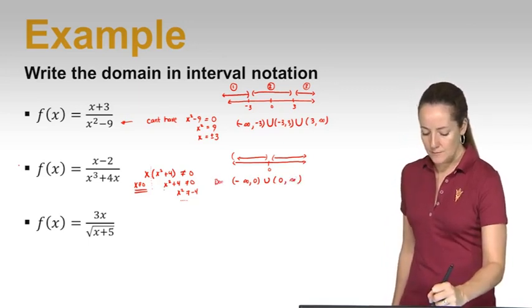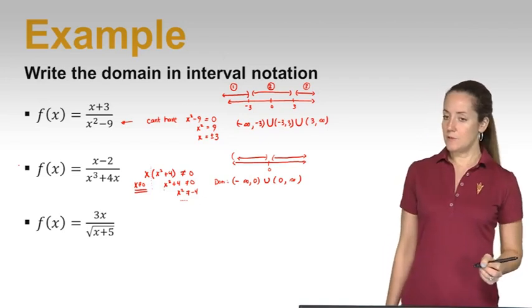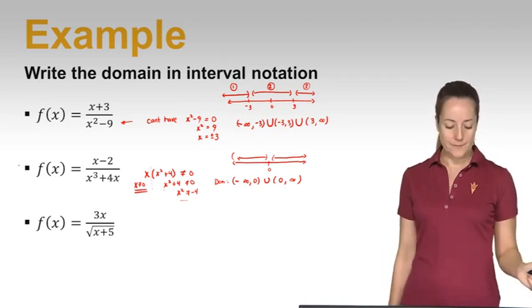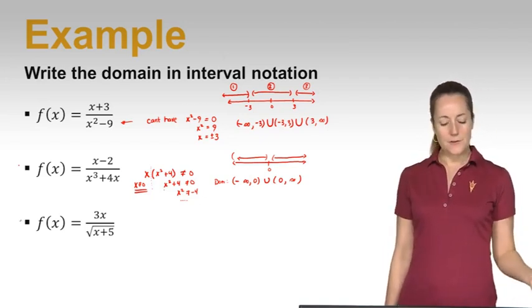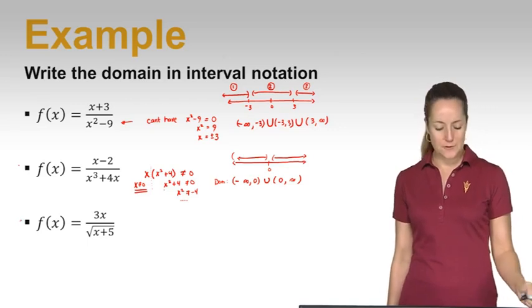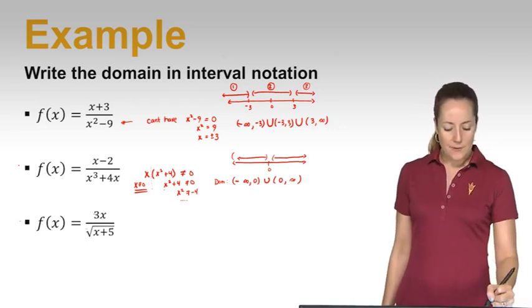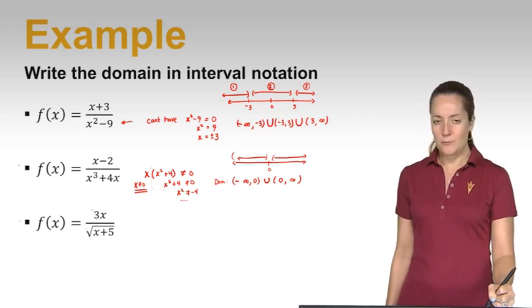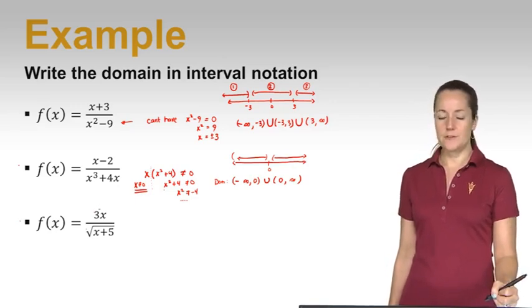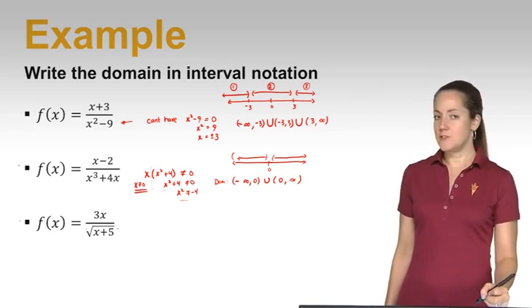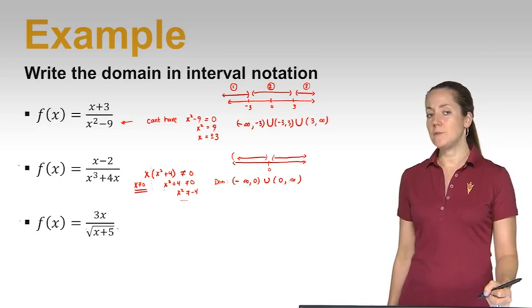So my domain is the union of those two intervals. Now this last function here is not precisely a rational function because I've got a non-polynomial in the denominator. But again, the numerator will be fine for any values of x. The denominator, it's a denominator, so I need to make sure it's not equal to 0.